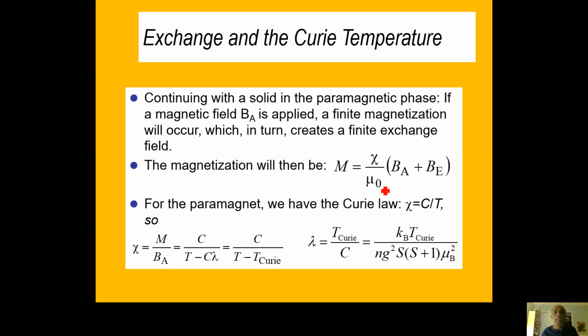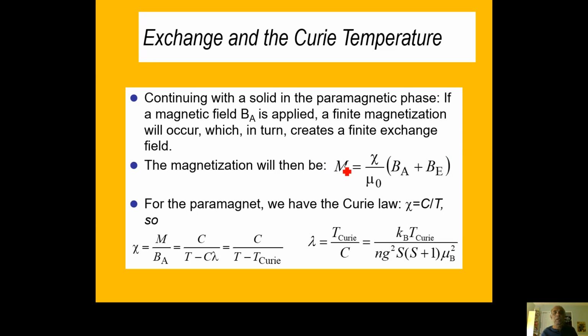You can see here, if I write chi as under Curie's law, C over T, then from this equation, if I substitute BE as lambda M, that's the mean field approximation.